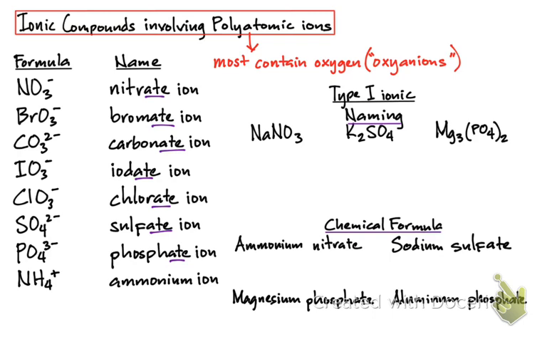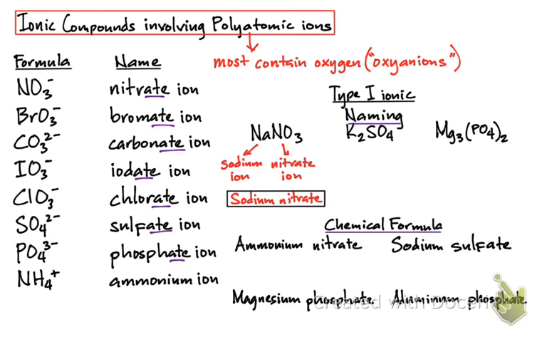For example, you have NO3 in NaNO3 here. NO3 is a polyatomic ion, and it's a single unit, right? You have a nitrogen bonded to 3 oxygens. That's a single unit with a negative charge. So you can see that this is a sodium ion and a nitrate ion. Again, all you have to do is drop the word ion and combine the two words, sodium and nitrate. So that would be sodium nitrate.